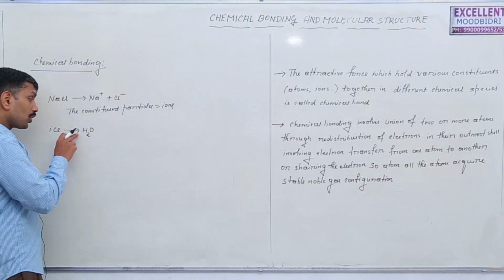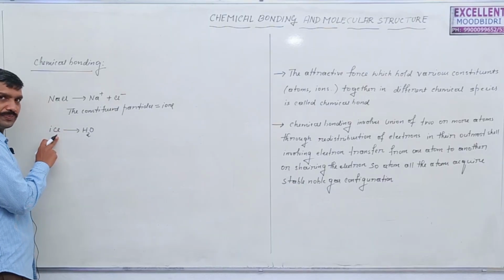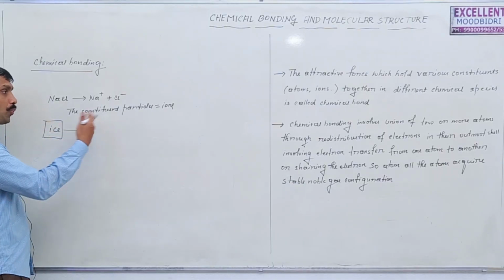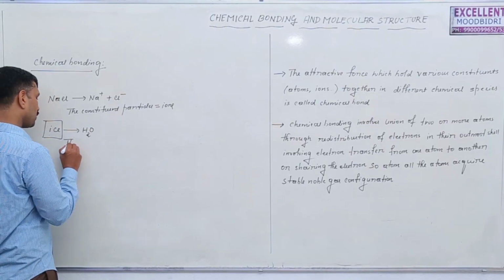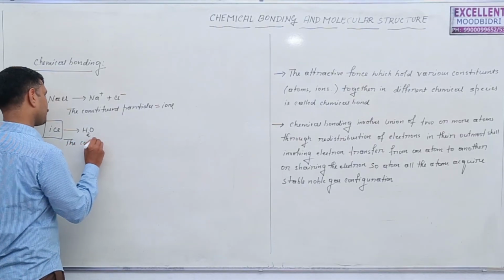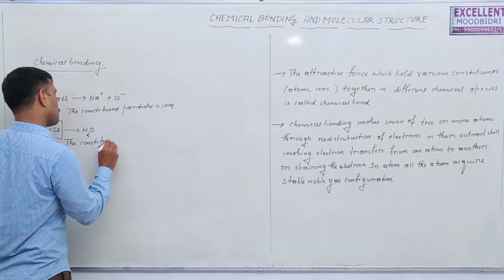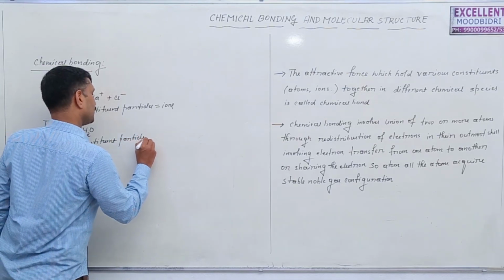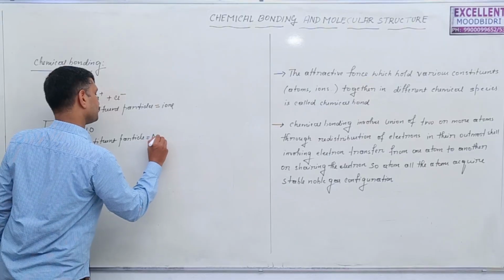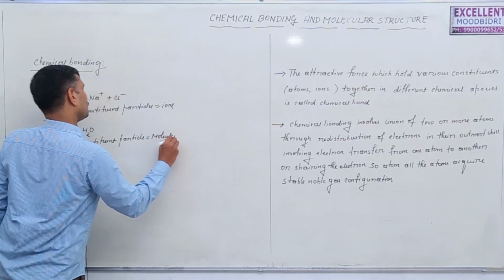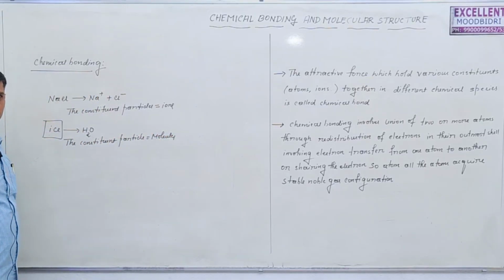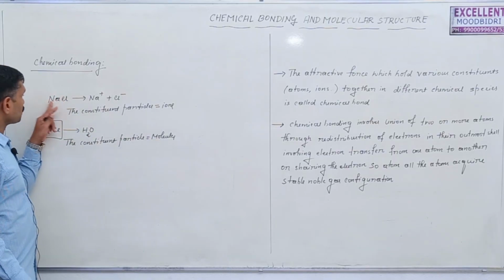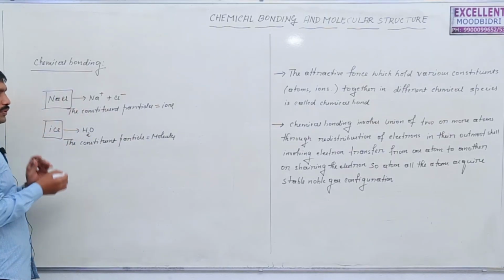Therefore, the constituent particles of ice, which is a solid, are molecules. In case of ice, the constituent particle is a molecule. In case of sodium chloride, the constituent particles are ions.